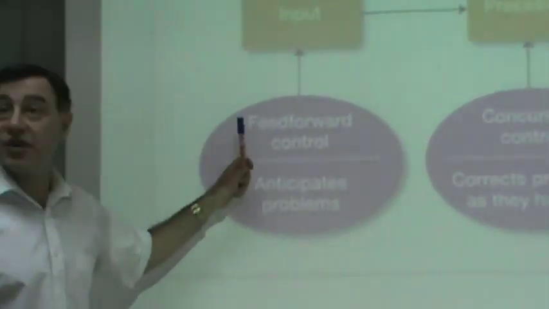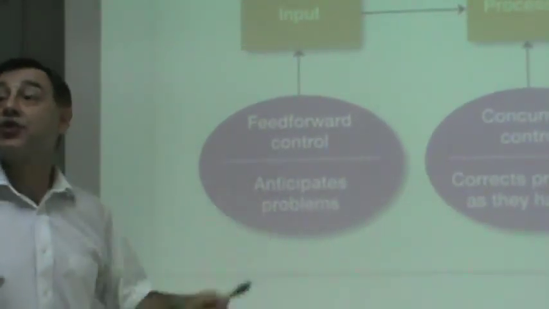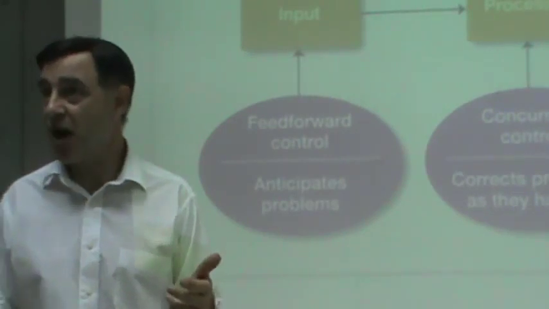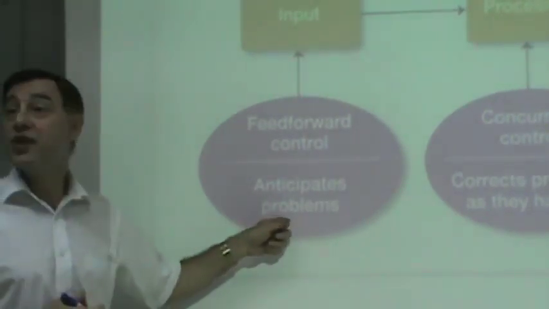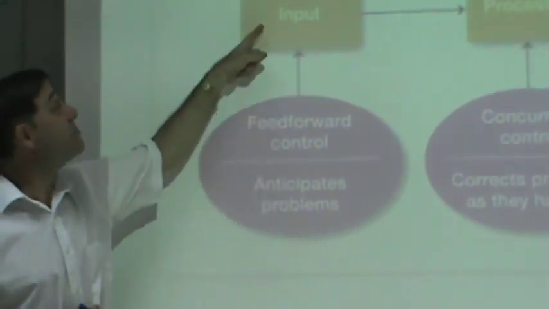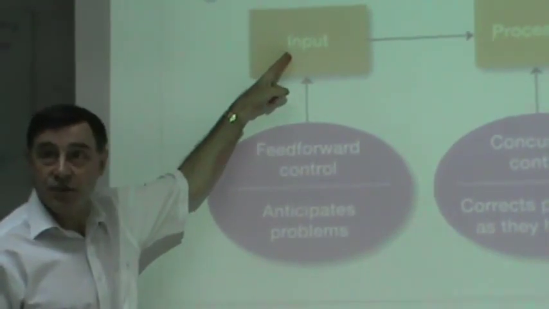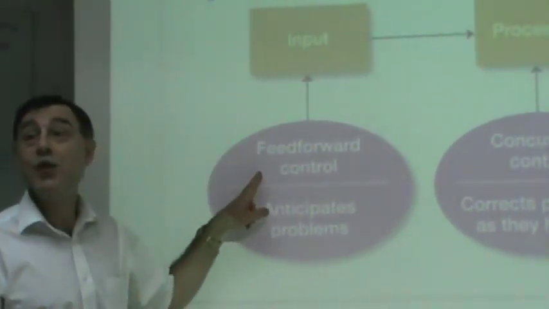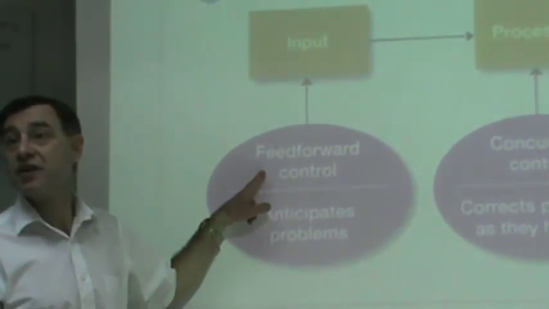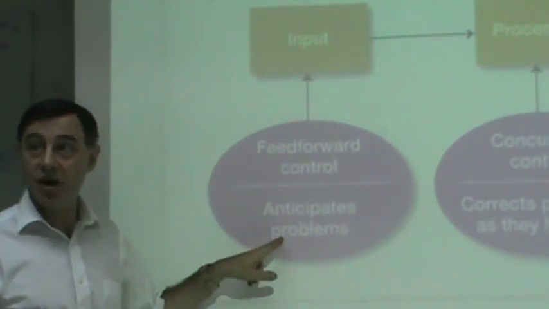And this feed forward control anticipates problems and tries to resolve them before they become a problem, before you have complications. So this is based on the input. You watch the input, you see what might be the problems, and you take corrective action before you have a problem.